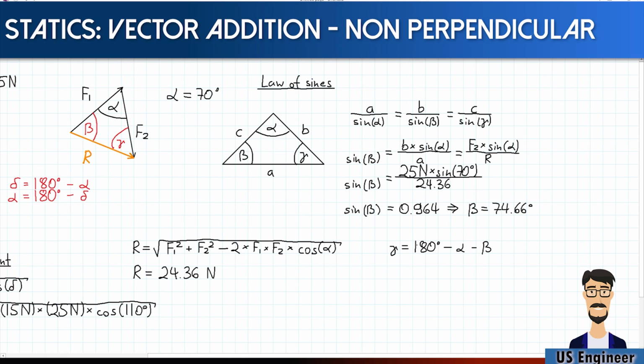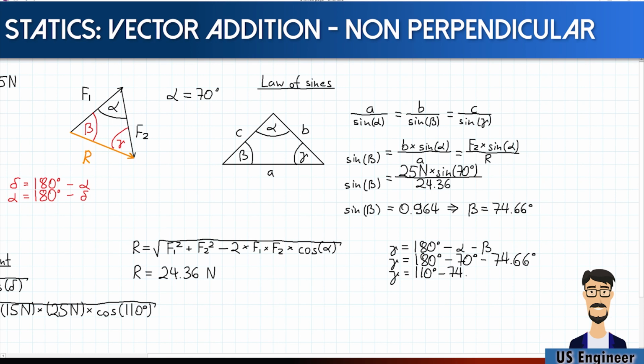And doing the math gives us 180 degrees minus 70 degrees minus 74.66 degrees.